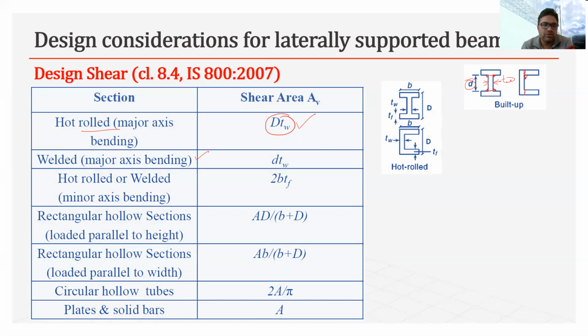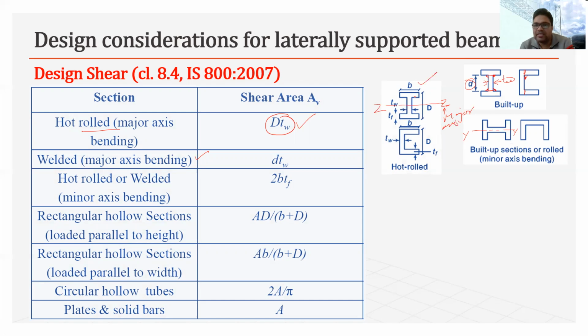Similarly, for a hot rolled or welded section bending along the minor axis, bending is occurring about this axis, which is the Z axis. Here this is the Y axis, which is actually the minor axis, and this Z axis is the major axis.